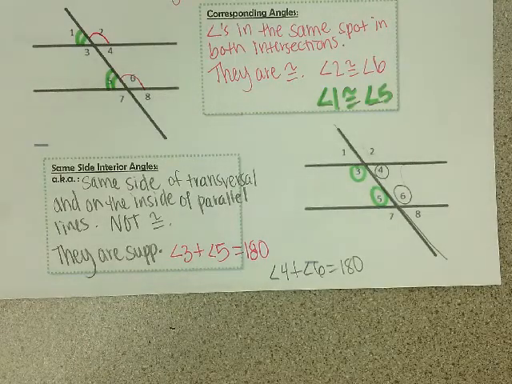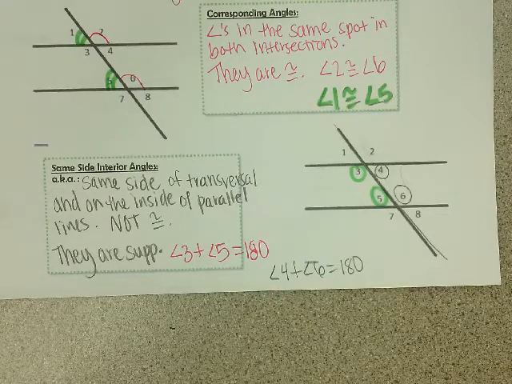All right, so let's talk about what we learned. So what does bisect mean? It can be an angle, right? Cut in half, so two congruent parts. All right, so if I have alternate interior angles, where are they?